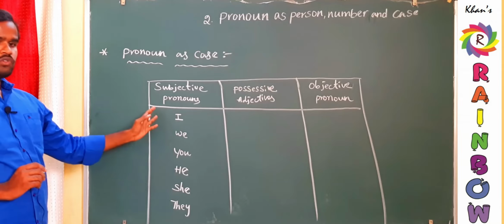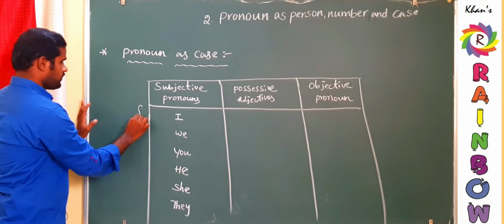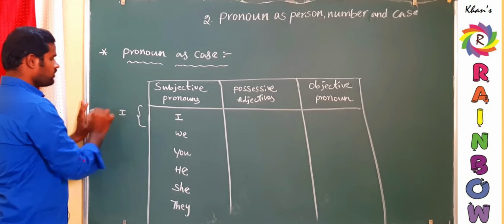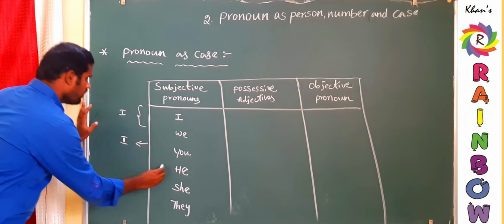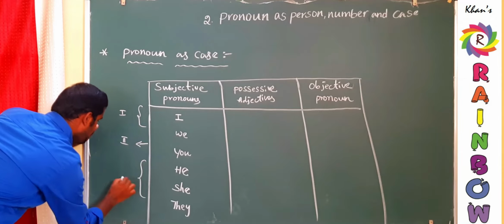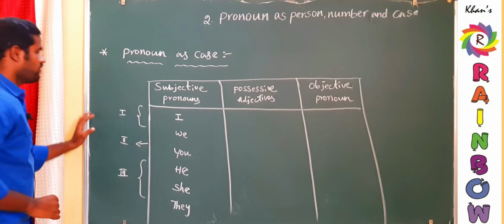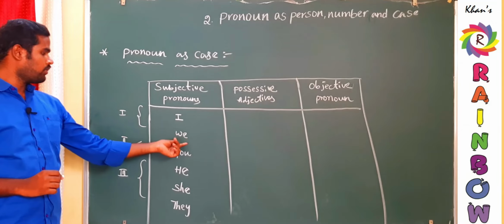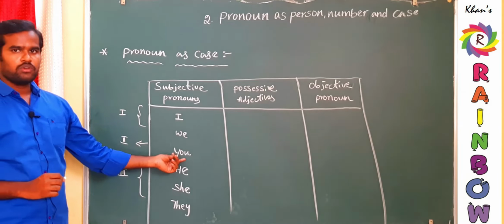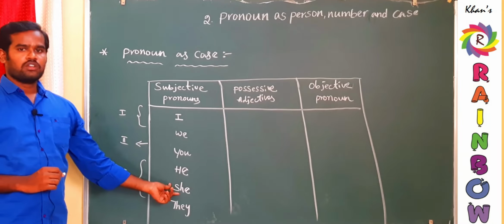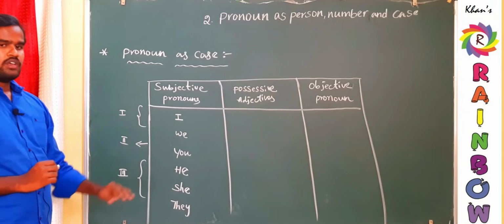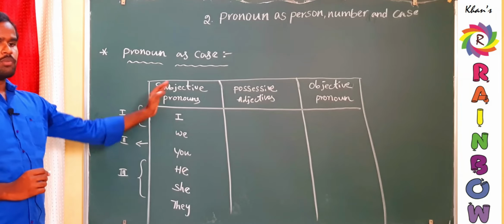These 2 are first person, you is second person, and these 3 are third person. These are subjective case pronouns.